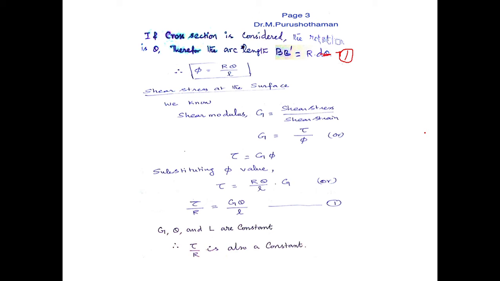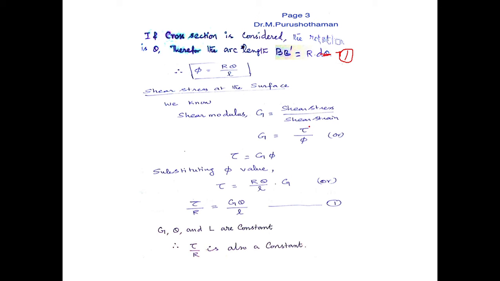Now we'll calculate the shear stress at the surface. We know the shear modulus, that is modulus of rigidity, is nothing but shear stress divided by shear strain. Stress by strain is modulus, is it not?